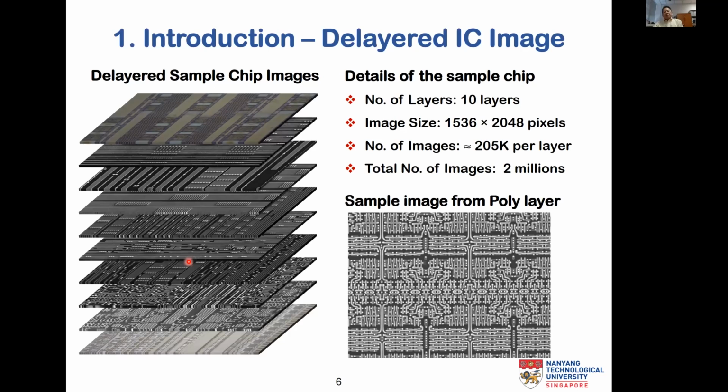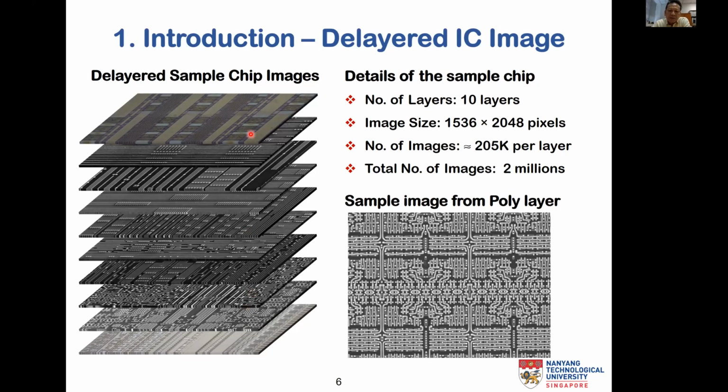Let me introduce to you the delayered IC image. On the left-hand side, you can see an example of a 10-layer sample of circuit images. It starts with the bottom layer, which is the thinnest, the substrate, polysilicon, metal 1, metal 2, and all the way to metal 10.